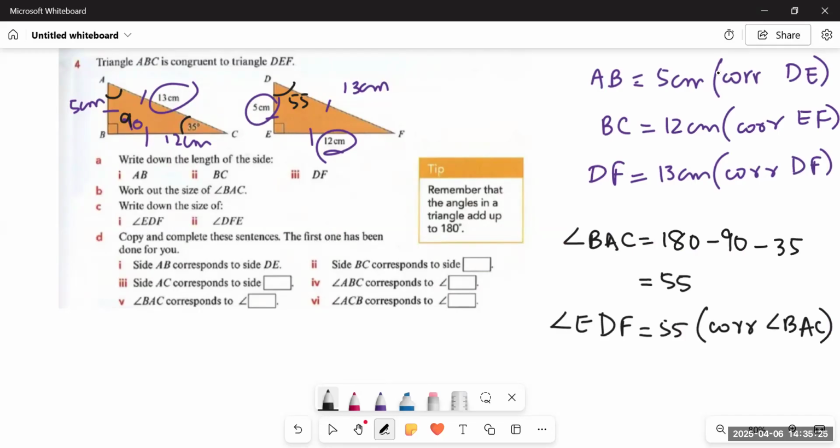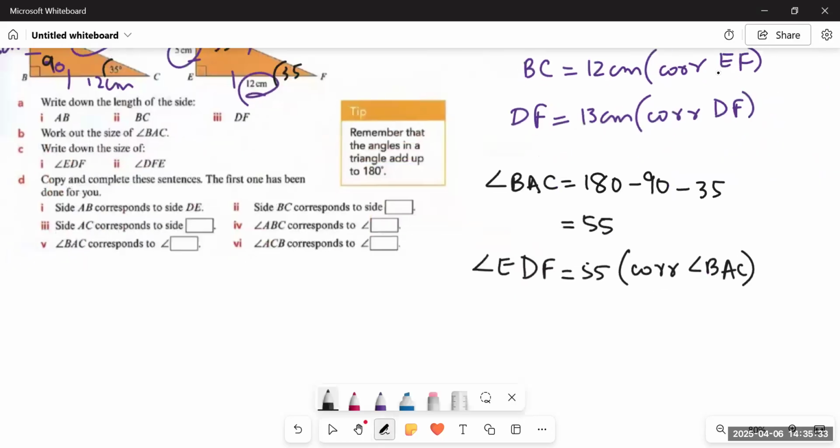Next we have DFE. DFE is corresponding to ACB. So this would also be 35 degrees. So we can write here that DFE is equal to 35 degrees because it's corresponding to ACB.